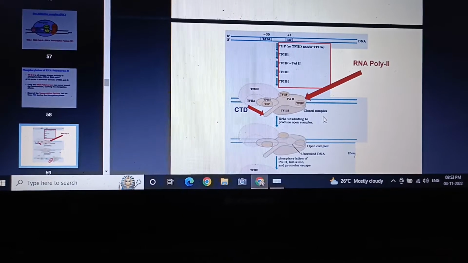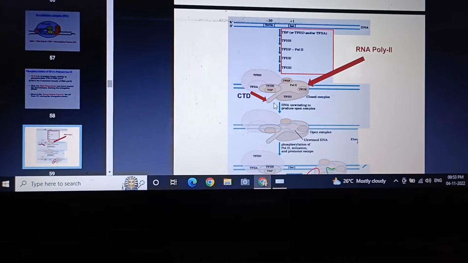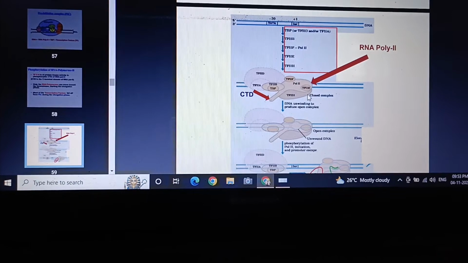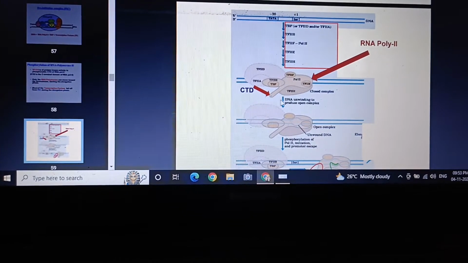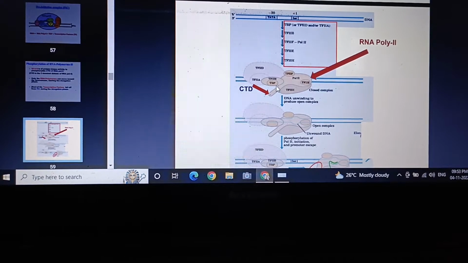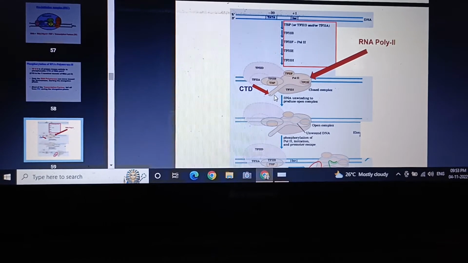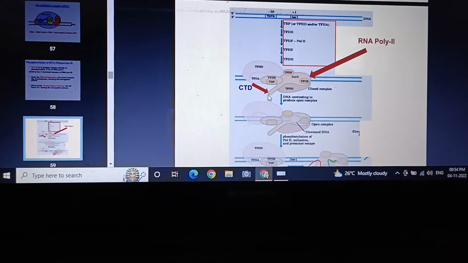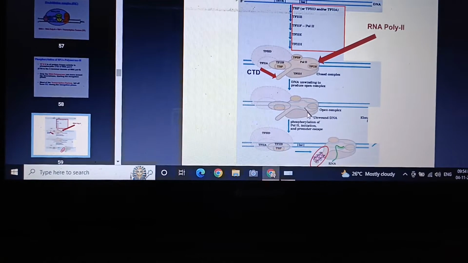See, this is the CTD end of your RNA polymerase 2. At that end only, the transcription factor will phosphorylate the RNA polymerase 2. After that, what will happen?